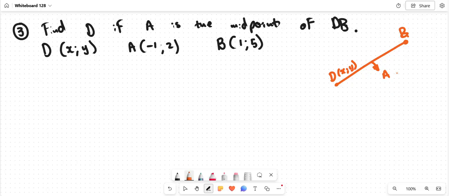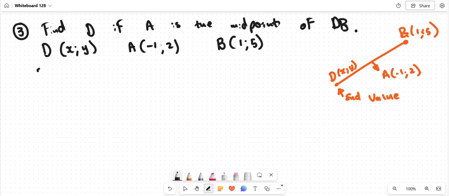We're not given the values of those, obviously. We're given the coordinates of A, and we're given the coordinates of B. And what we need to do is use our midpoint formula to find this point, which is our end value, or you can think about it as your start value. So how do we go about that?